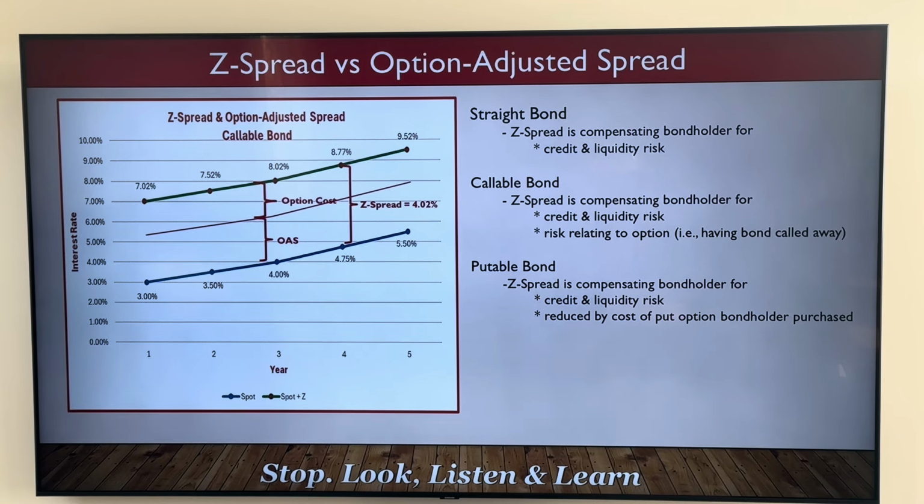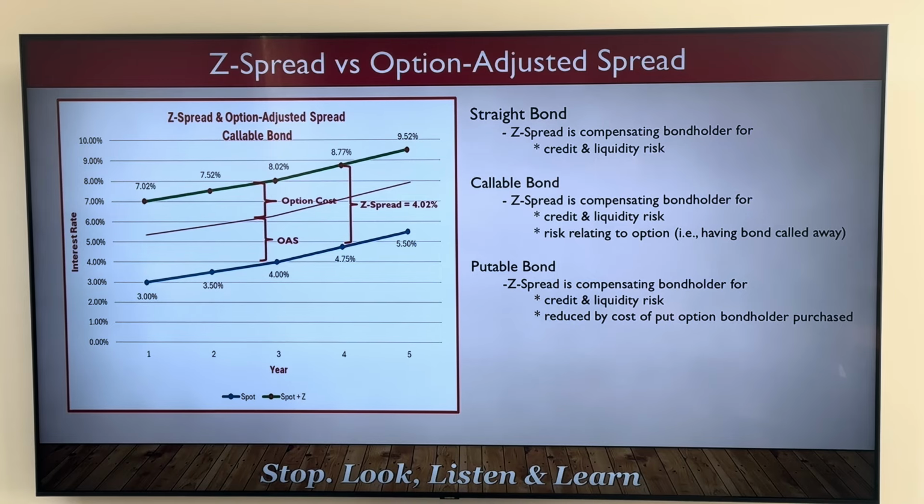And essentially, the way to think of it is this: if you are a bondholder and you're looking at buying a bond that a corporation is issuing, because it is a risky bond, they will have to pay you an amount over and above what the interest rate would be for a government or risk-free bond to compensate you for the credit risk and liquidity risk.